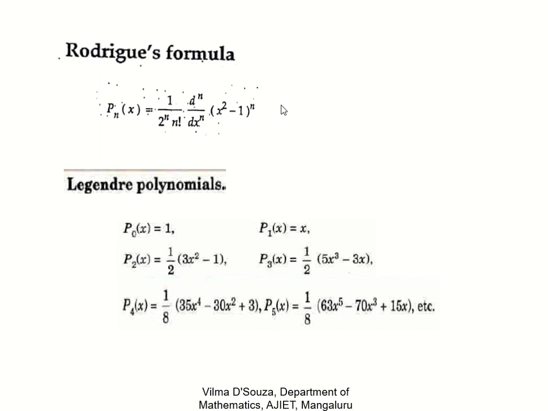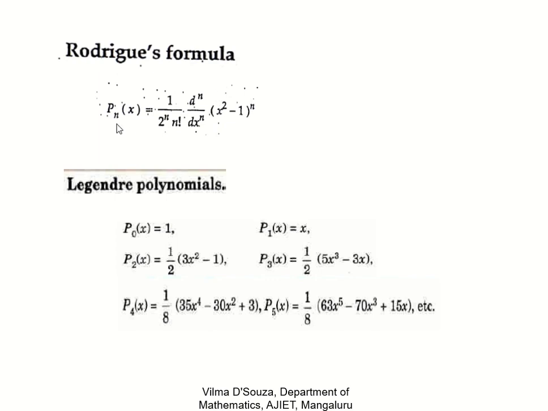You have found the solution of the Legendre differential equation leading to Pn of x. So using Rodrigues' formula, Pn of x is given by 1 by 2 power n n factorial into the nth derivative of (x square minus 1) to the power n.